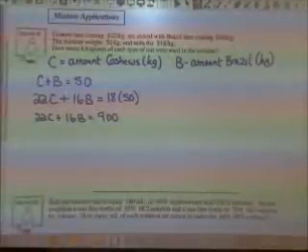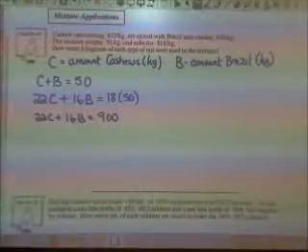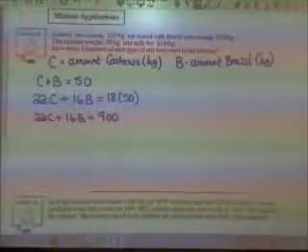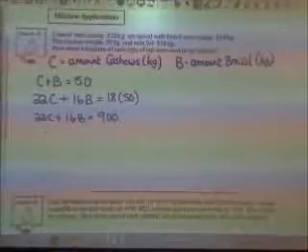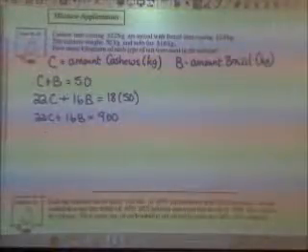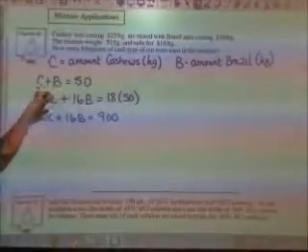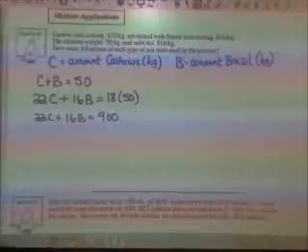Okay, so now I need to solve these two equations. So do I want to solve by substitution or do I want to solve by elimination? Or does it really matter? Could I use either way? Yeah, because I have coefficients of 1. So if I have a coefficient of 1, I could do substitution.